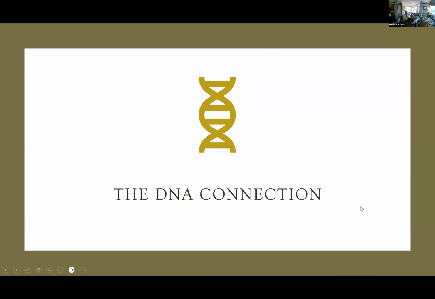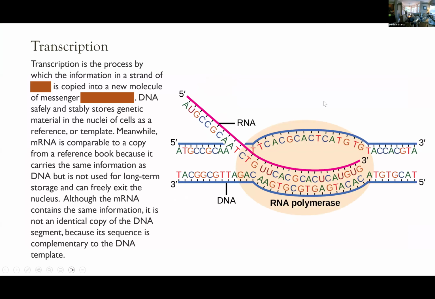Yeah, we did that. All right, so the DNA connection. So here's what I was just discussing. Transcription is the process by which the information in a strand of DNA is going to get copied. Do you know where we're going with here? This is a strand of DNA, and it's going to get copied into a new molecule of messenger RNA, which we call mRNA.